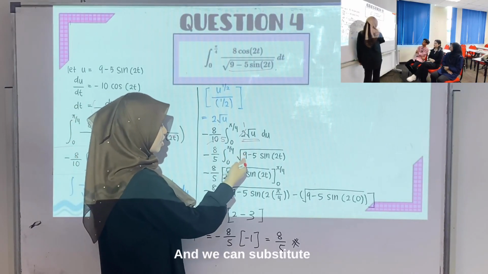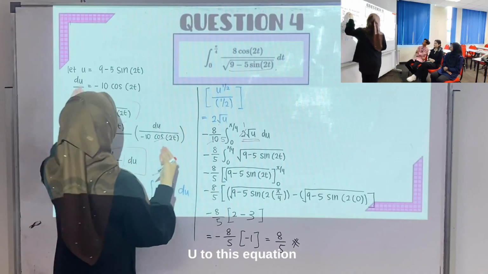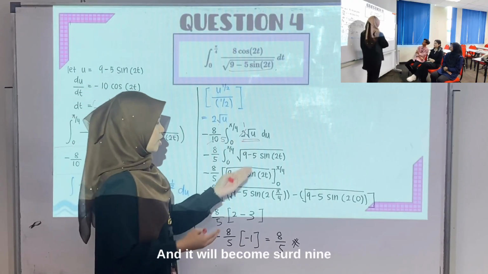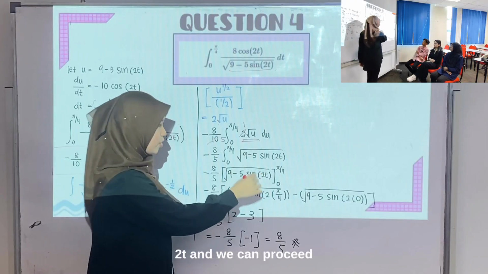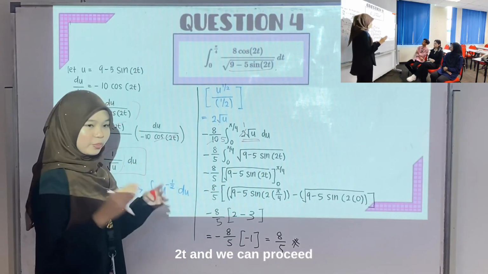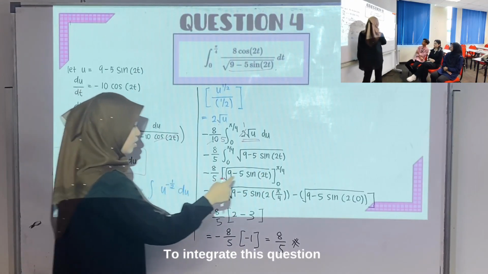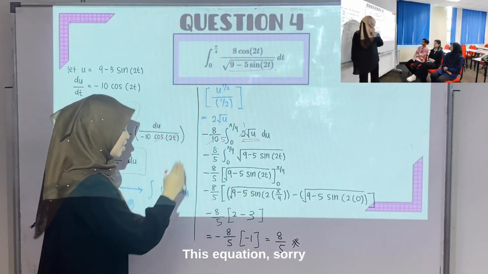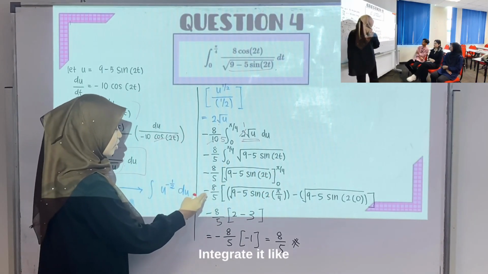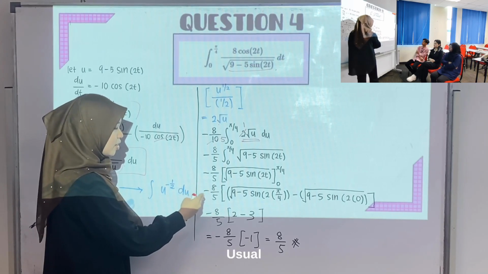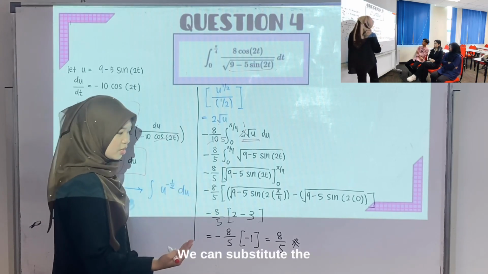And we can substitute u to this equation and it will become 9 minus 5 sine 2t. And we can proceed to integrate this equation, and we can integrate it like usual.